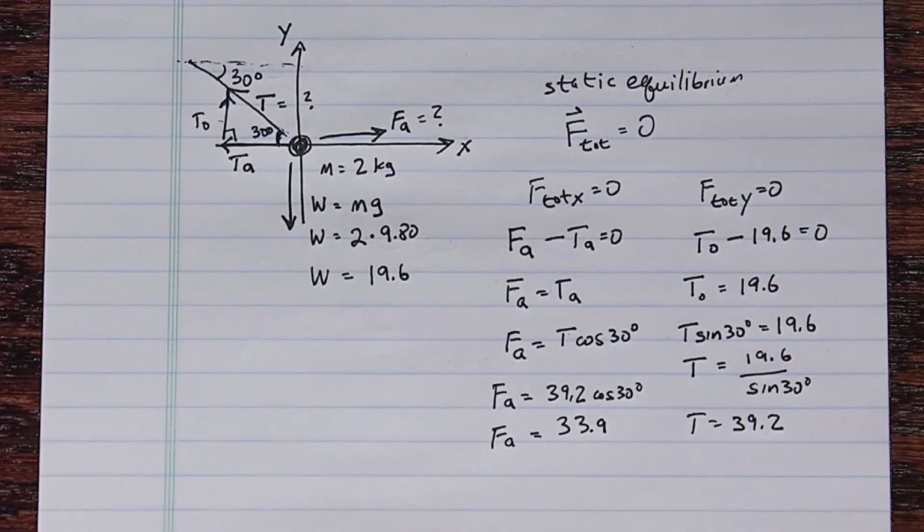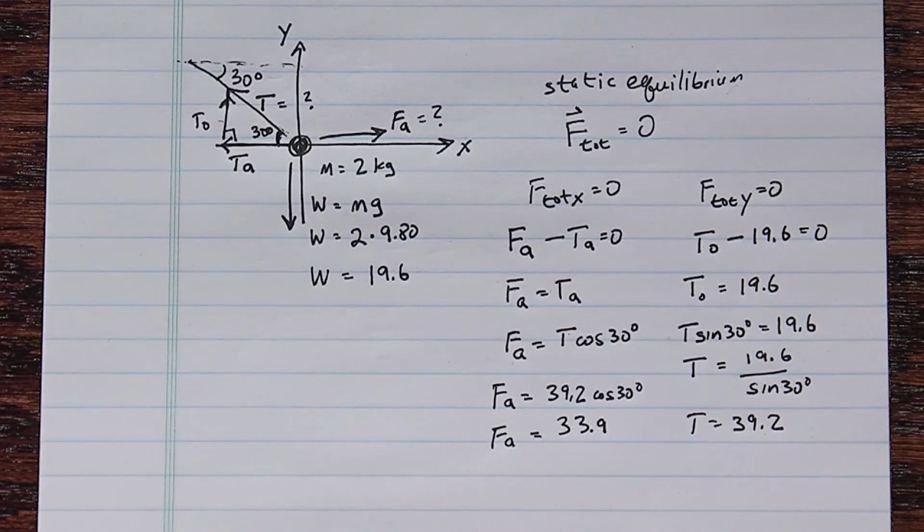Total force vector is 0, and the total force vector equals 0 is actually two equations. Total force in the x direction is 0, total force in the y direction is 0. We had two equations and two unknowns, so from that point we just worked through our algebra and we got to the answer.